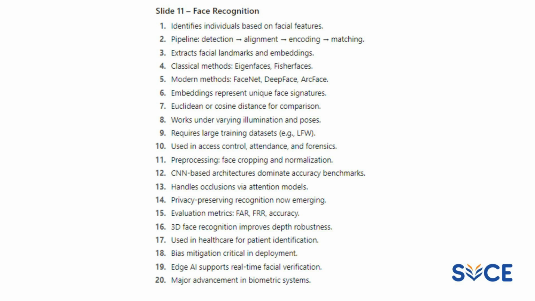Common methods use many algorithms, like Haar cascades, which is a traditional OpenCV method. Next is HOG plus SVM, that is histogram of oriented gradients plus support vector machines. Third is deep learning detectors like MTCNN, SSD, or RetinaFace.